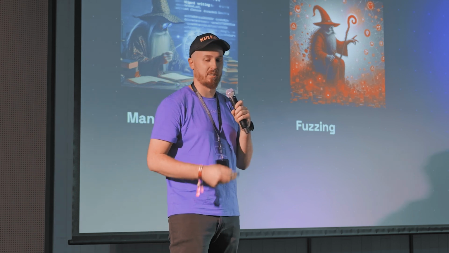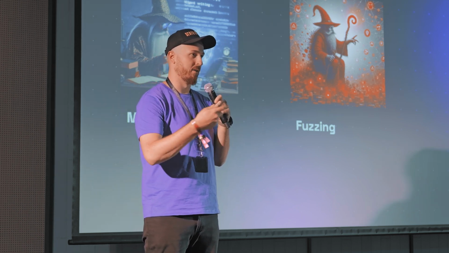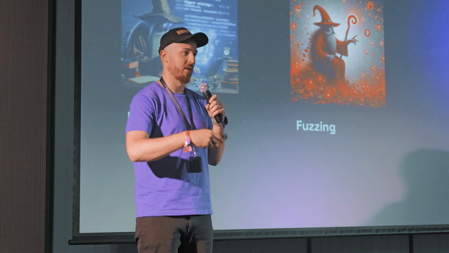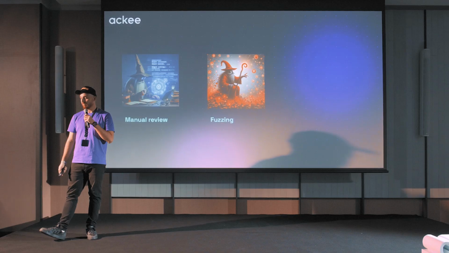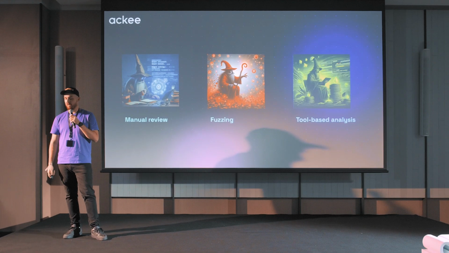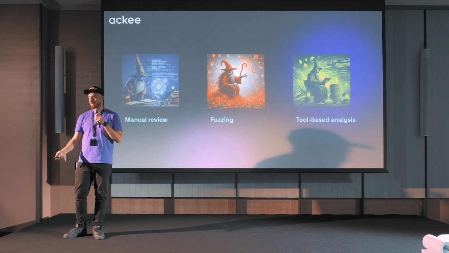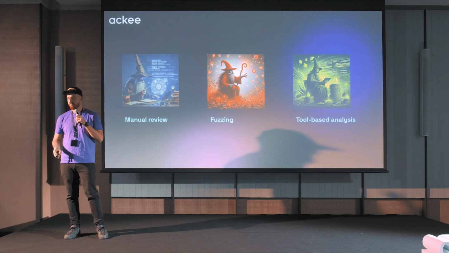So I will just quickly explain. It's basically some sort of testing where you are putting random data into functions and executing them many times. We will get more to that topic later. So this is just a high level. And then the third discipline is tool-based analysis, where if you are doing everything manually, it can possibly be slow. So tooling can help you to be more effective.